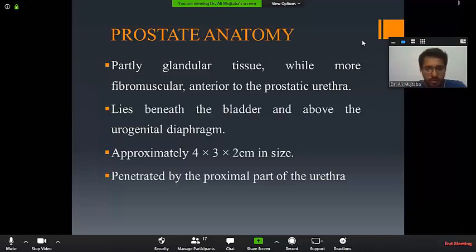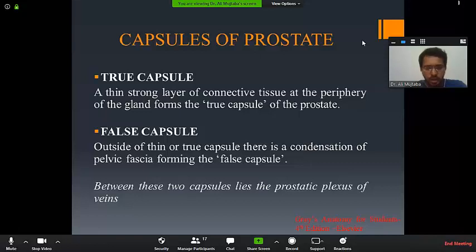The capsules of prostate. Prostate consists of two capsules, true and false capsules. The true capsule is a thin strong layer of connective tissue at the periphery of the gland, while the false capsule lies outside the true capsule. It is the condensation of pelvic fascia.